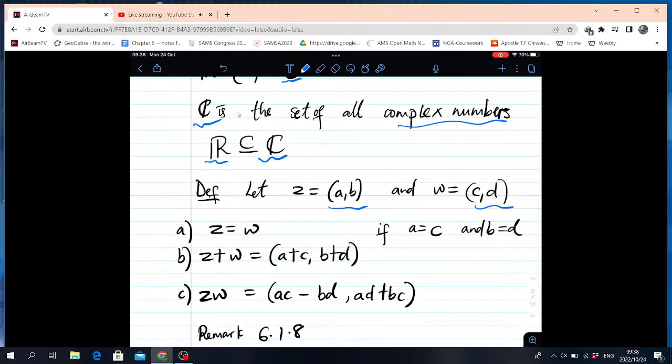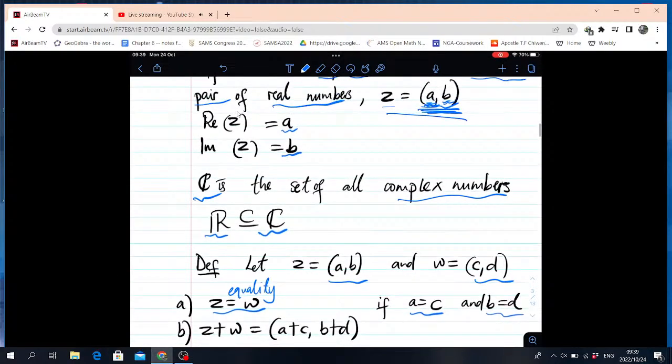I'll call this equality of complex numbers: Z equals W if the real parts are equal and the imaginary parts are equal, right? That's one thing there.